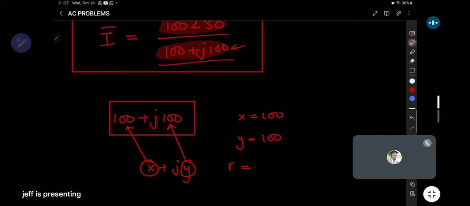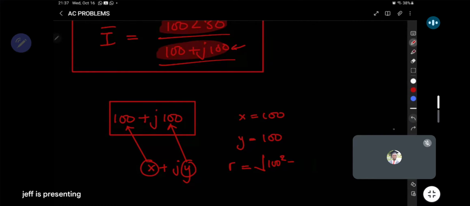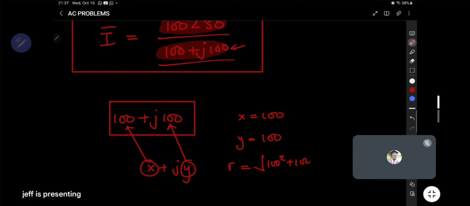The magnitude will be obtained by Pythagoras theorem, the square root of x squared plus y squared. So we'll have this. In the end, this will be 100 squared, then plus the same 100 squared.